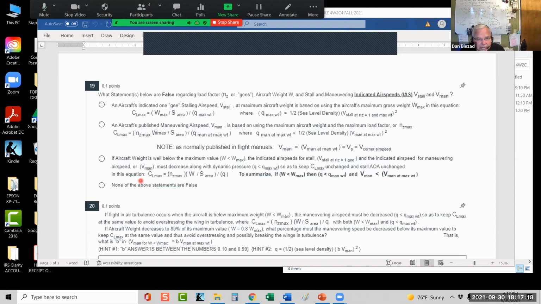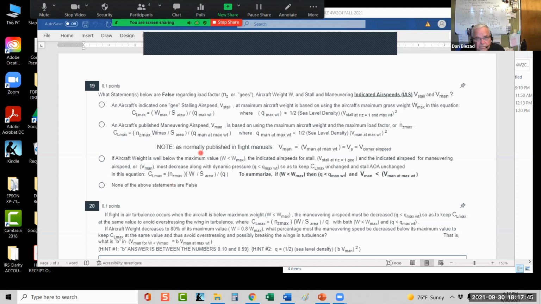Now, hopefully the equation is familiar to you. So this is the lift pressure over the dynamic pressure. And what I'm saying here is, if the weight goes down from the maximum weight, the speed must go down as well to keep CL max. All right.